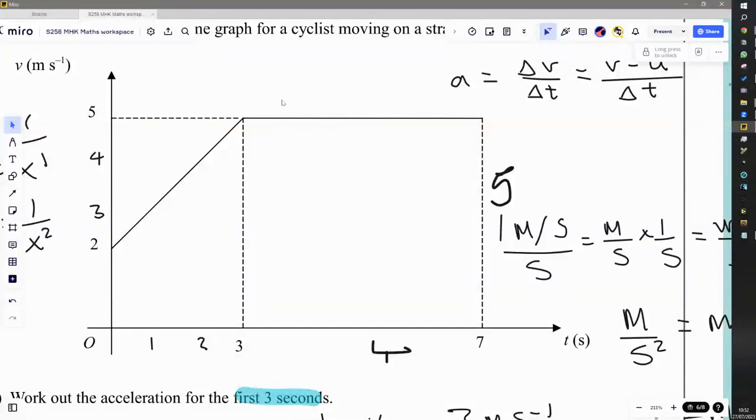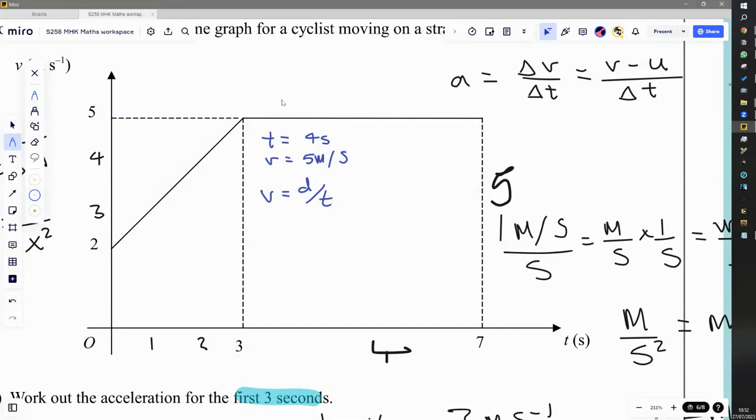Between the time 3 seconds and 7 seconds, they moved at a constant velocity, 5 meters per second. So for that period of time, we can say that t was equal to 4 seconds and that the velocity was equal to 5 meters per second. Well, we know that for constant velocity situations, velocity is equal to distance divided by time.